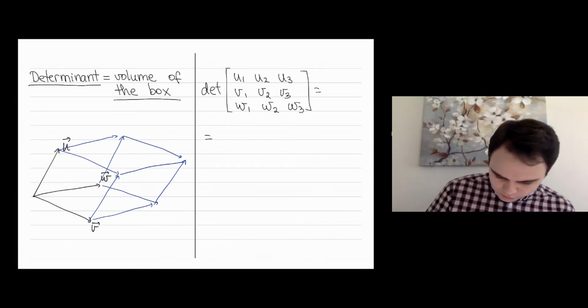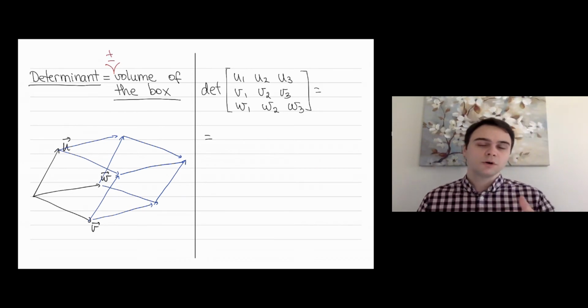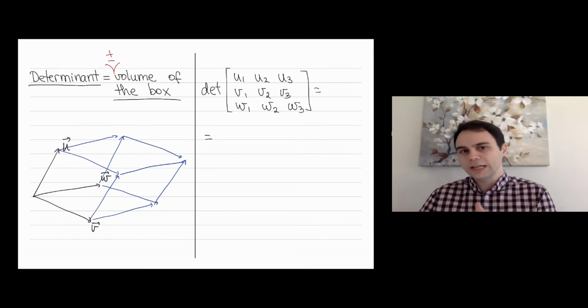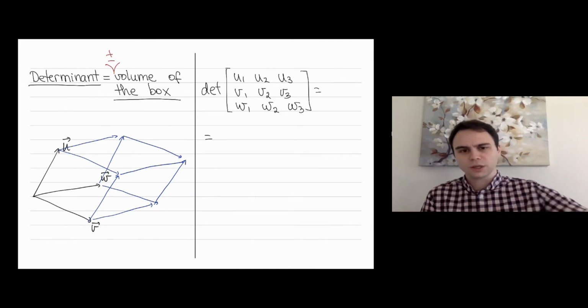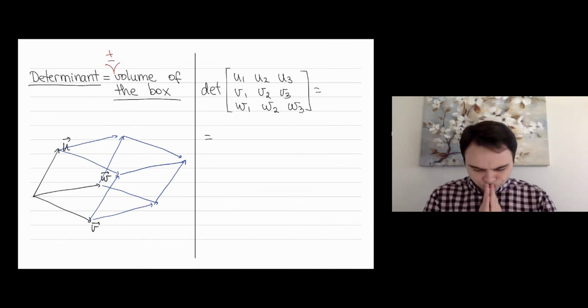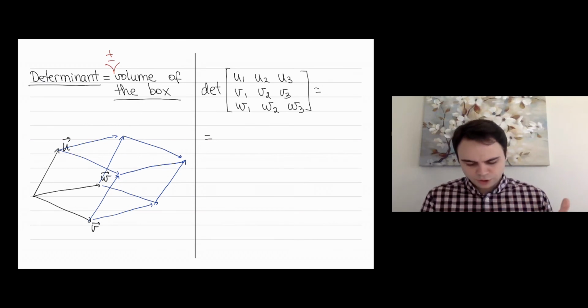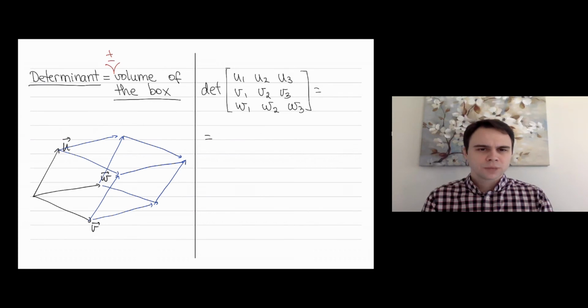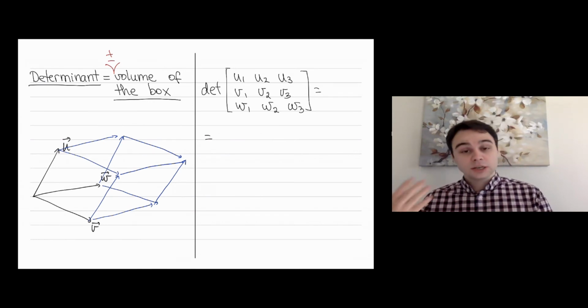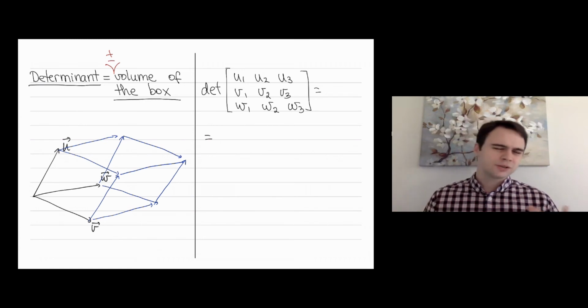Or maybe to be more precise from the get-go, it's plus or minus the volume of the box, because volumes are always non-negative. Some degenerate boxes will have volume 0. If the three vectors live on a plane, then the volume will be 0. But also, volumes are always non-negative, and determinants are sometimes negative.